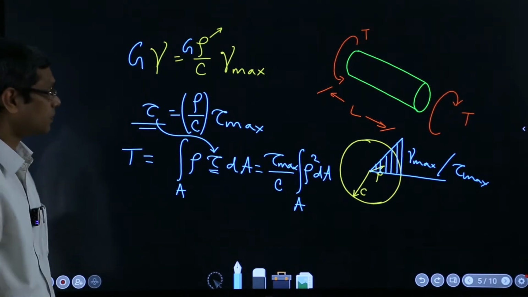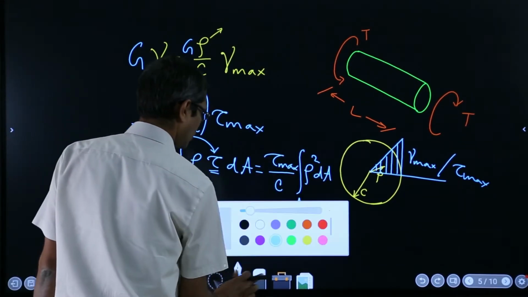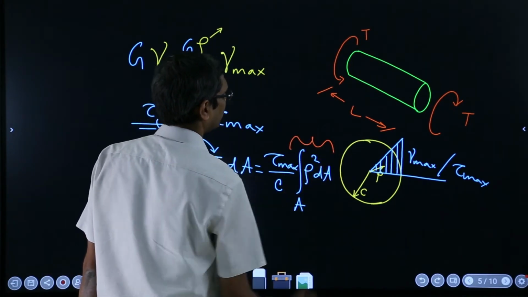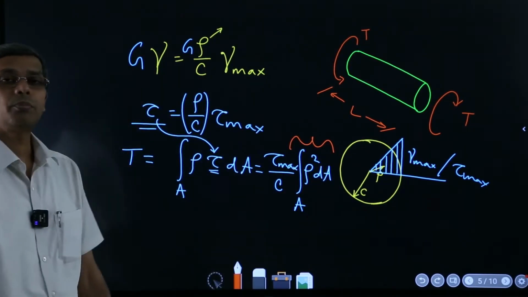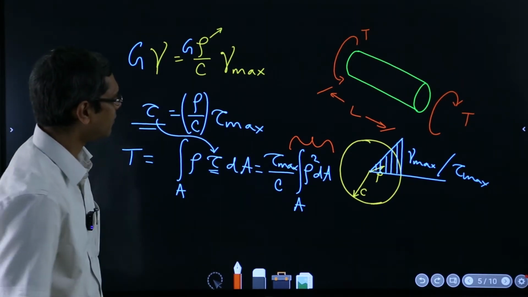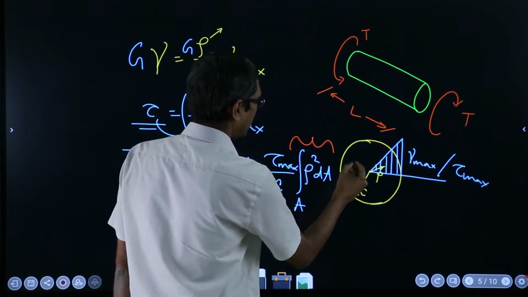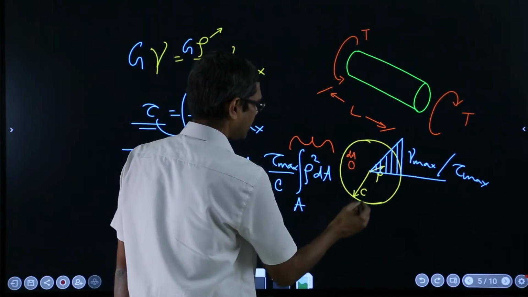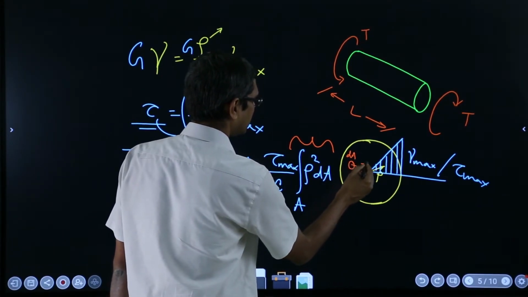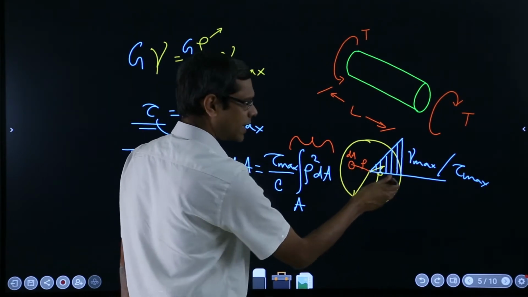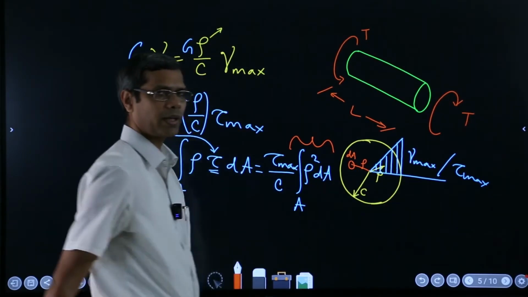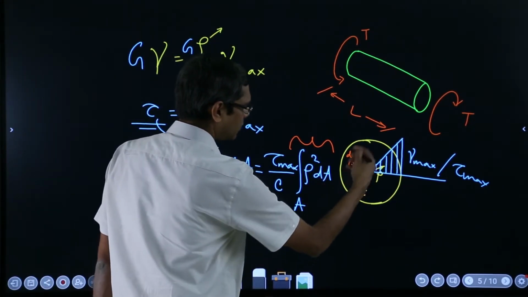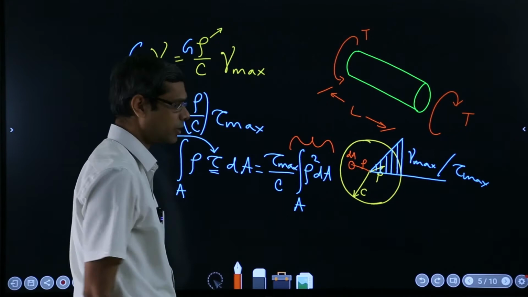Now this term you should be familiar with. This is nothing but the polar moment of inertia. If I have a cross section like this, and I take an elemental area dA at a distance rho, then about an axis perpendicular to this plane, coming out of the blackboard, rho square dA integrated is the moment of inertia.